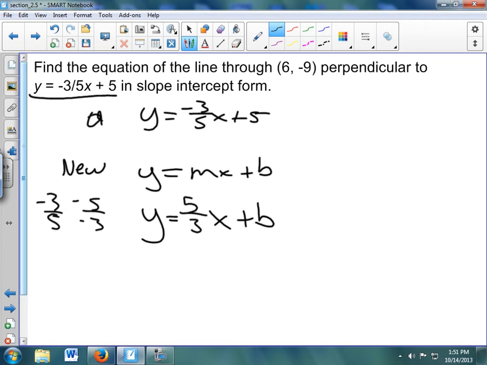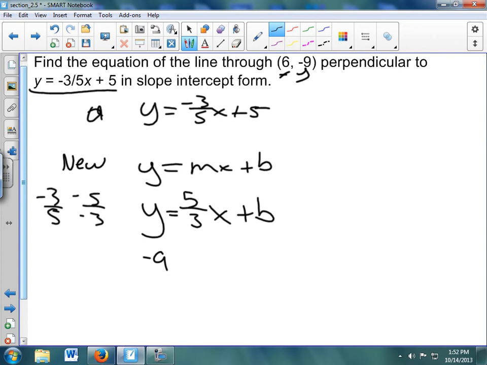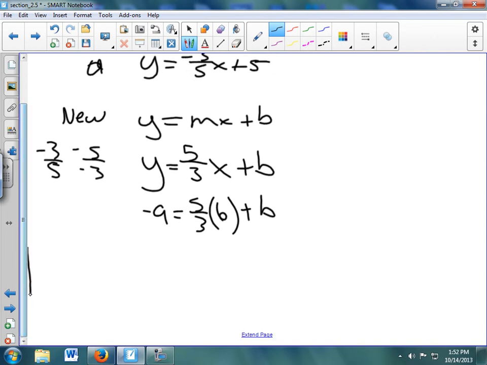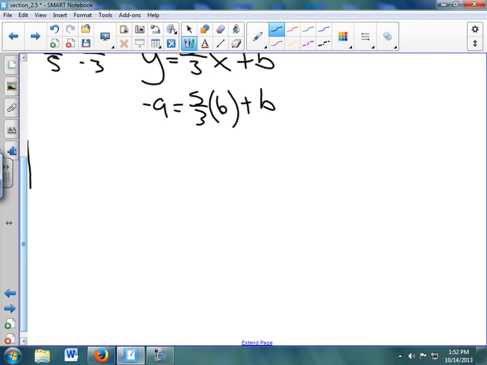So I'm going to use these points, x and y. So my y is negative 9. My x is 6. So those of you who had a fraction out there, I'm not sure what you did wrong. 3 goes into there 2 times.